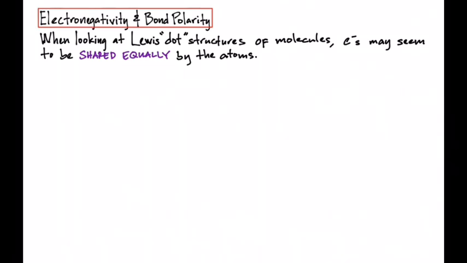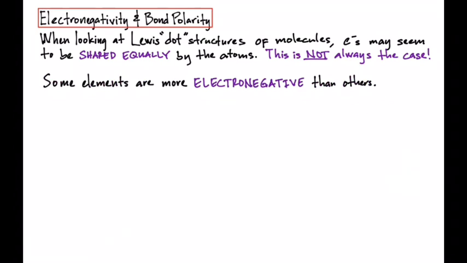But in a lot of other molecules that are heteronuclear diatomics, for example, and other larger molecules, the bonding electrons are actually shared unequally between atoms. And the reason behind that is because some elements are more electronegative than others.